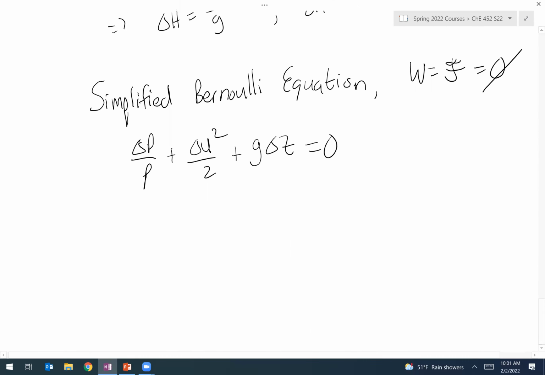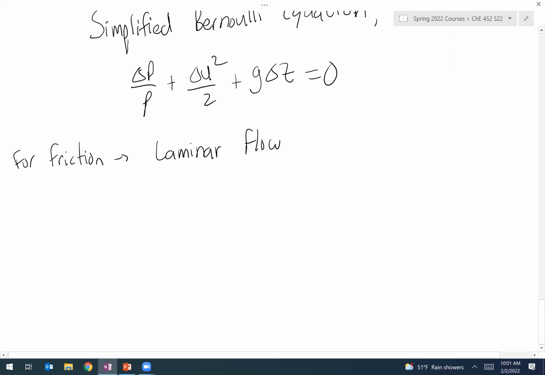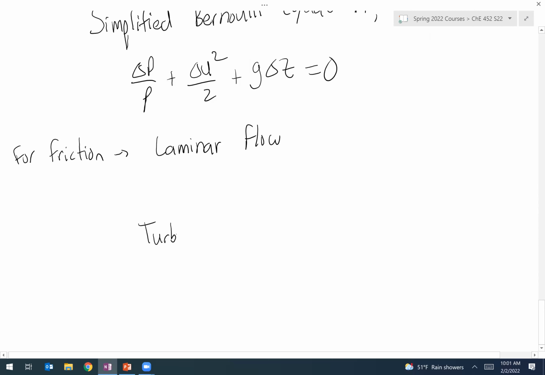Some other things that we always like to keep in mind: for friction, we consider the implications for both laminar flow and turbulent flow.